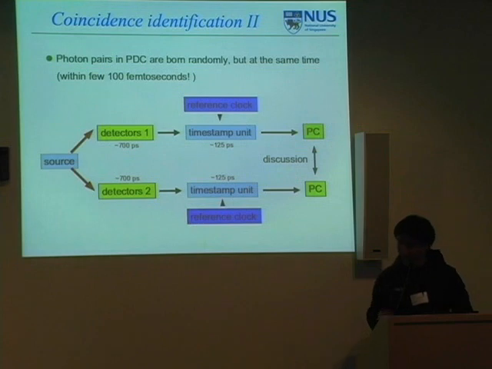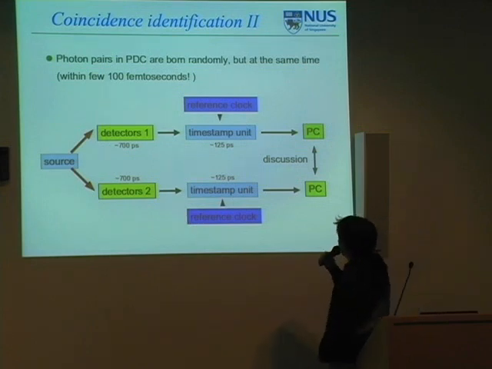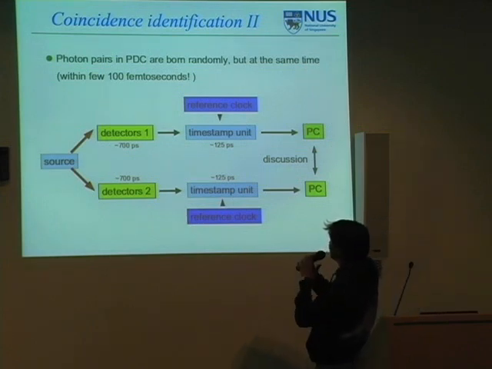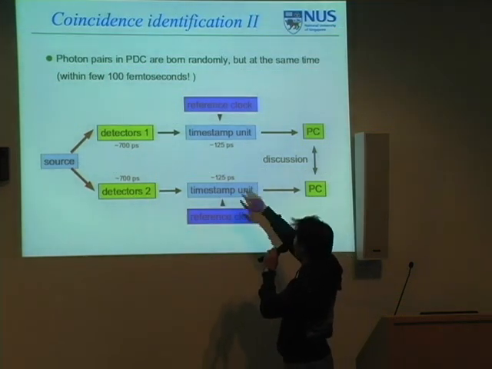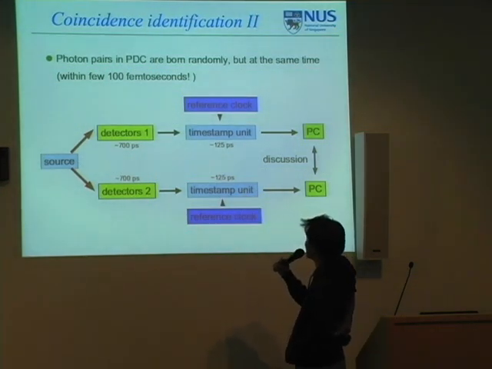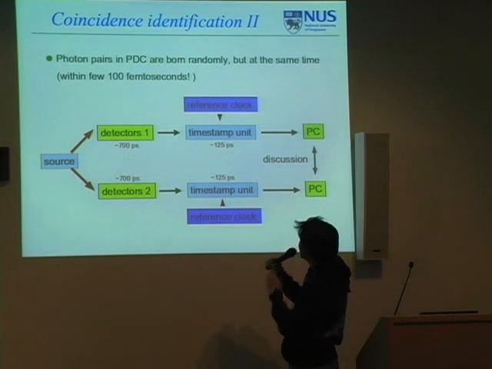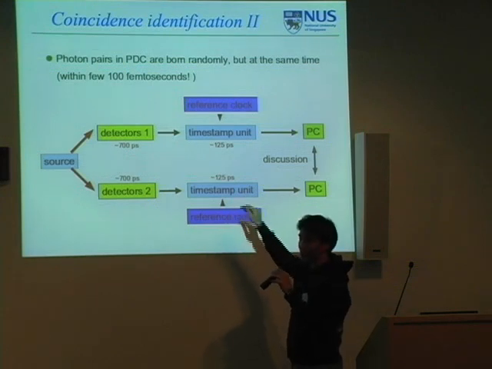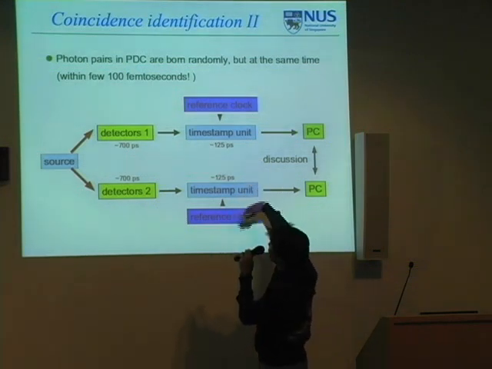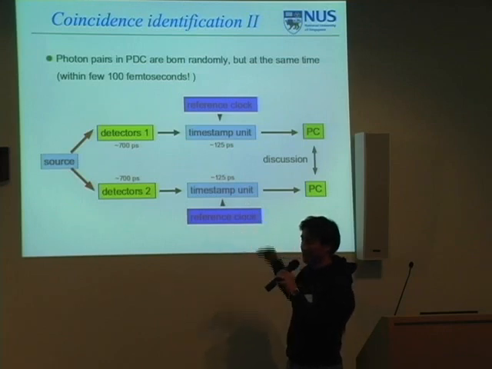So this is just a diagram of how we do it. We have a timestamp unit with accuracy of 125 picoseconds, and we need a reference clock to make sure that both Alice and Bob actually start out with the same time.